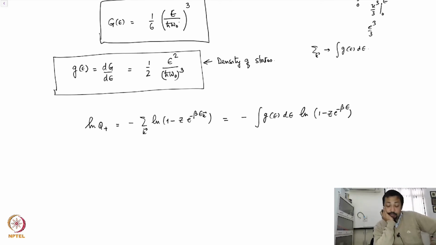Now remember, we also have to separate out the ground state, that is the ½ ħω.